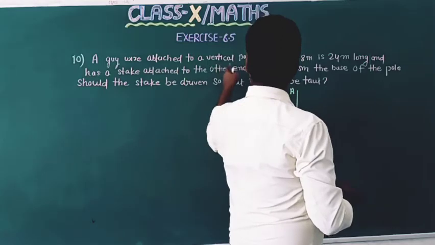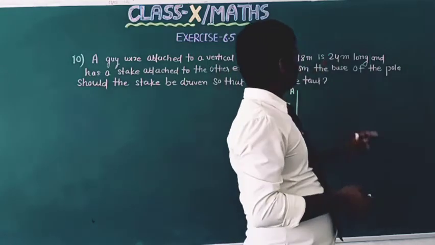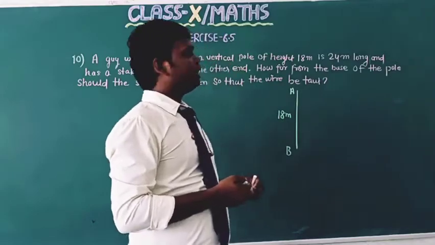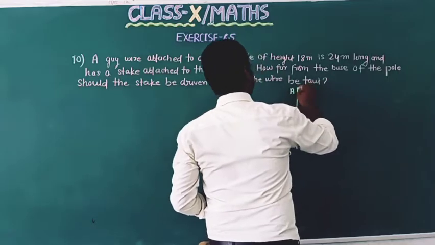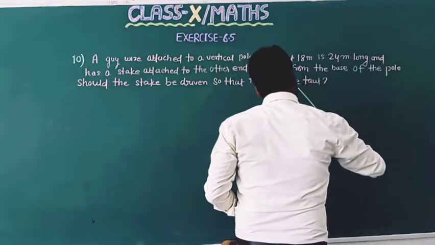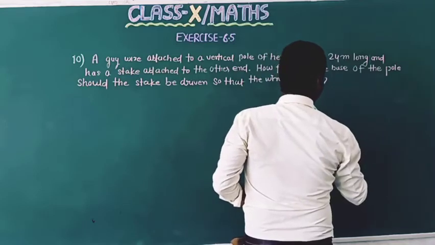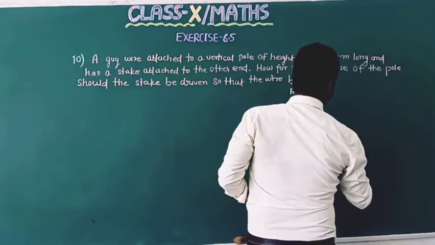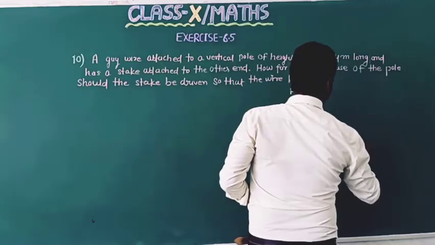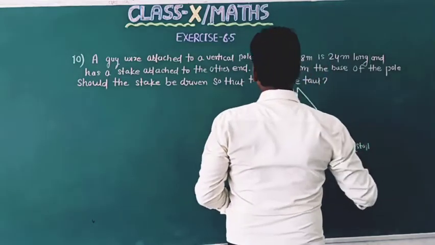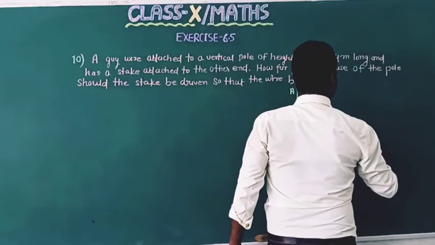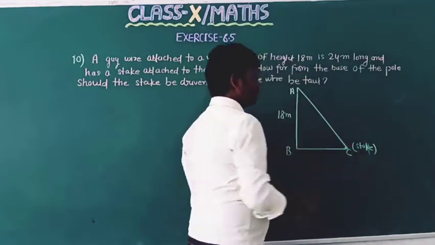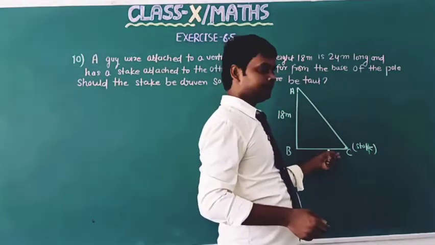A wire is attached at the top of this pole, and the wire is 24 meter long. Suppose this is the wire, and at point C, here is the stake. At this point C, the wire is attached to the stake.